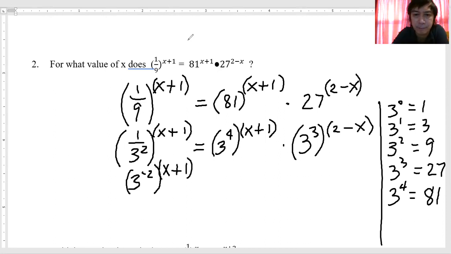Like that. Now, the right side remains the same. So this is 3 raised to the, you can multiply now the 4 and the x plus 1. So you have here 3, and then the 4 times x is 4x, and 4 times the 1, so you have there plus 4.